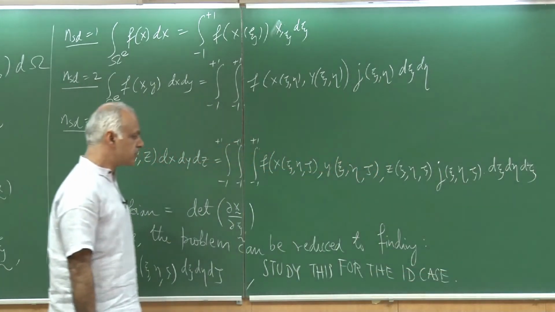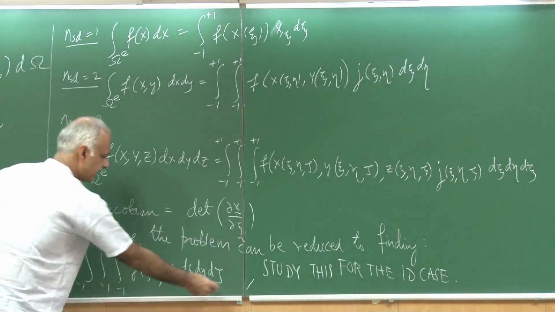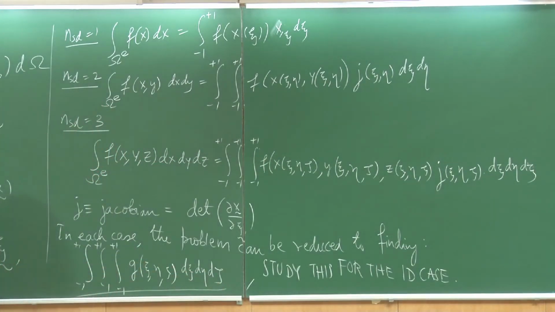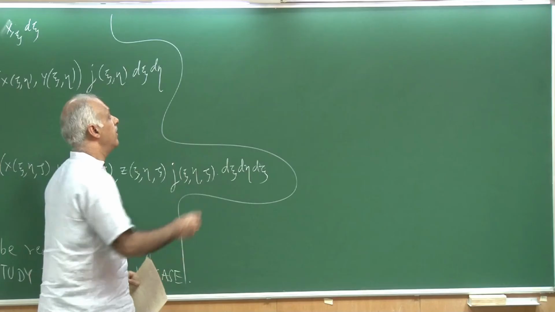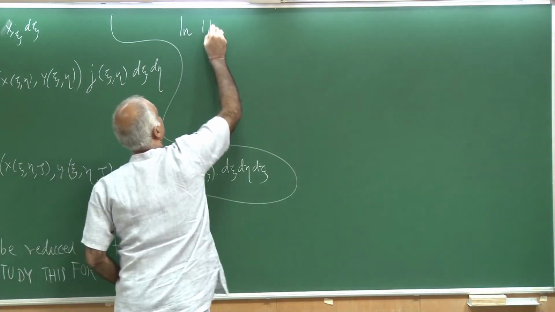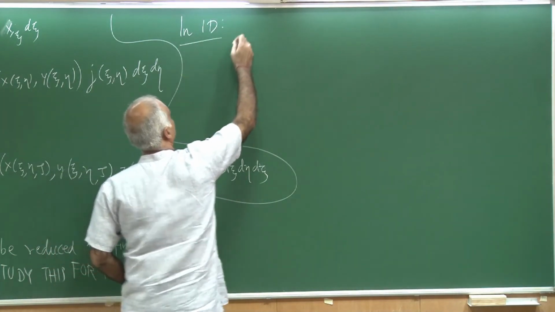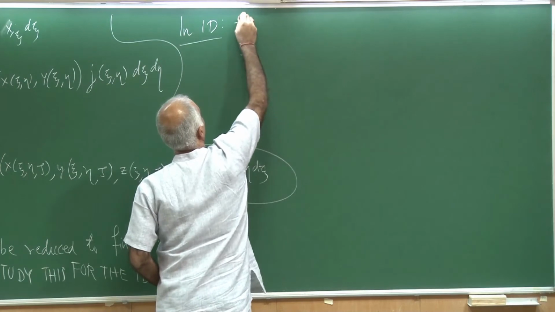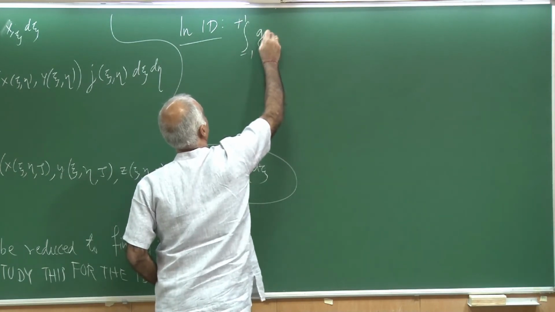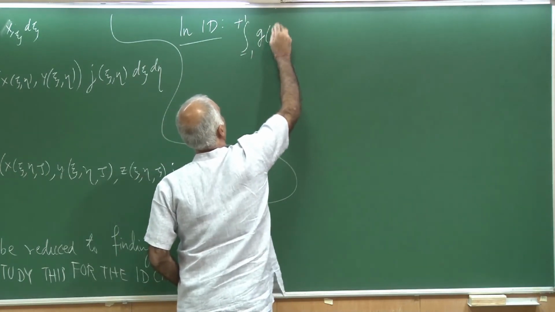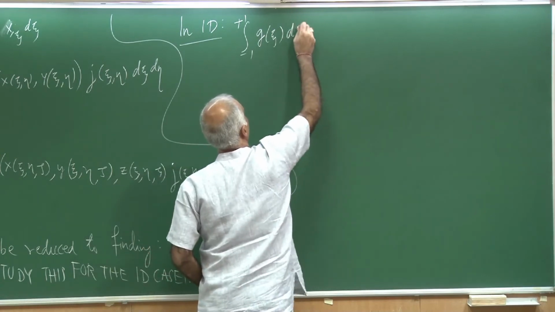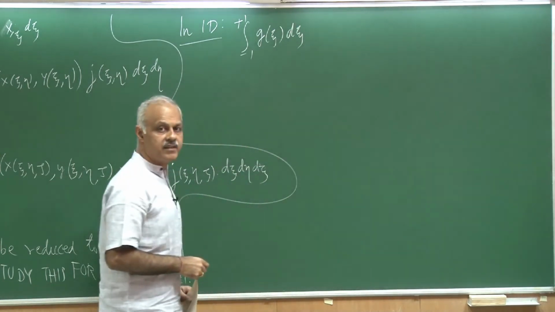So I am going to first show you how to calculate this integral in 1 dimension, and then we will come up with a strategy to generalize this to multi dimensions. Okay, so in 1D, the equation becomes the integral from -1 to +1 of g as a function of xi d xi.